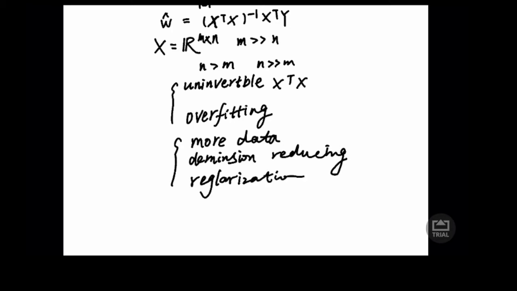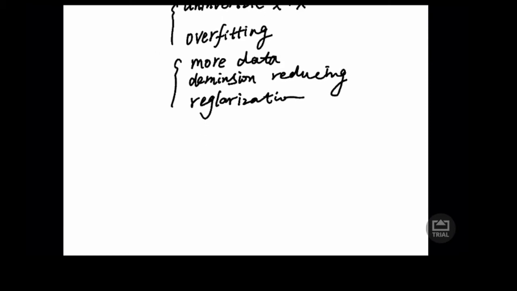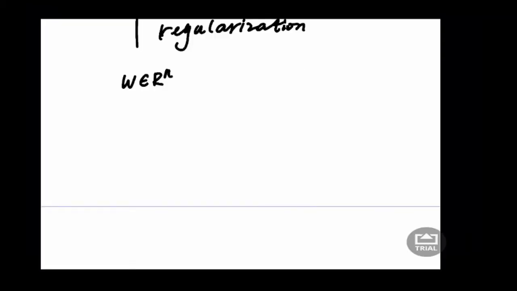Regularization can help solve both the uninvertible problem and the overfitting problem. We know that W is from an n-dimensional vector space. Essentially, regularization can be viewed as a constraint of this W space.